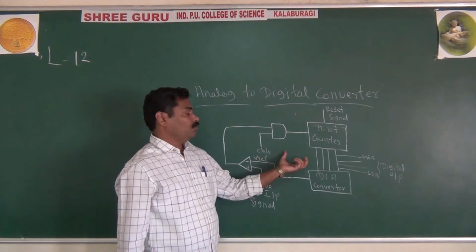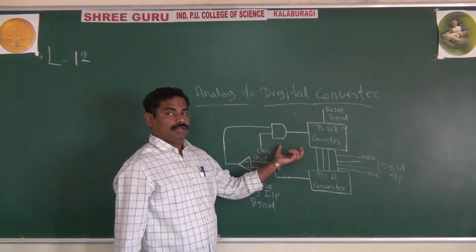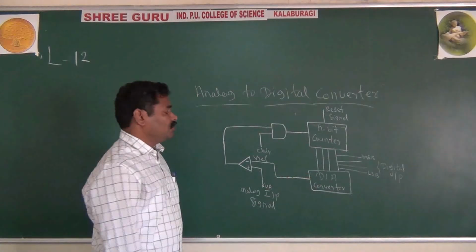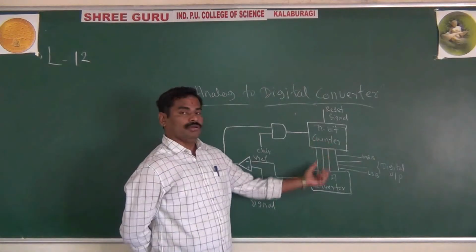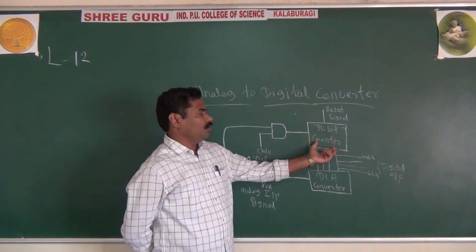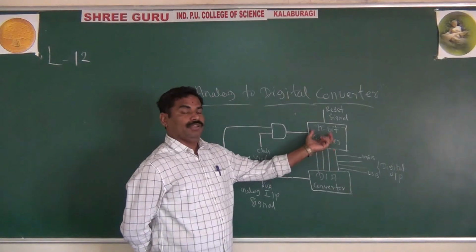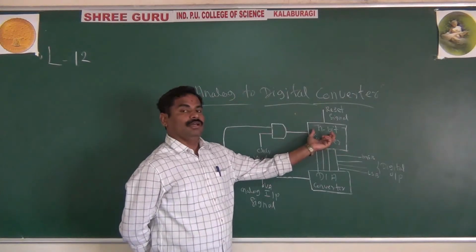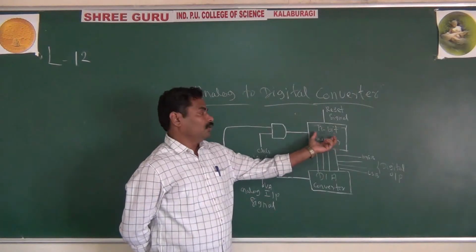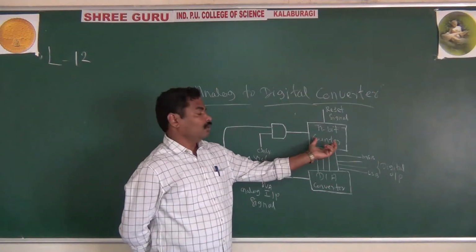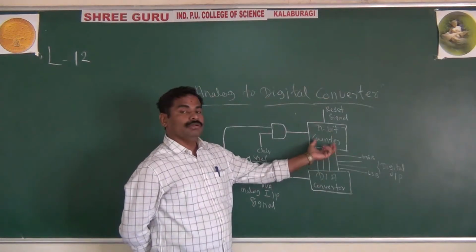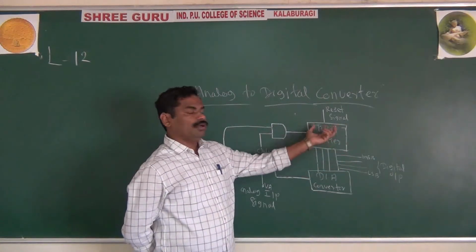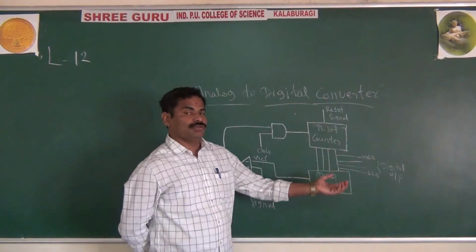What is the important thing, how it works? What is the working principle, or how are you converting the analog into digital signals? First, we know about each block and how it works. As usual, we know about the counter. The N bit counter is a type of digital device, and it will count the clock pulses. We study in digital electronics how you construct the counter and how it works, in detail.